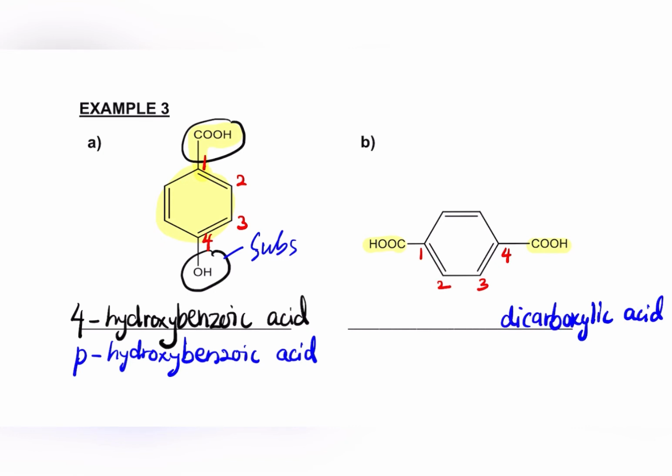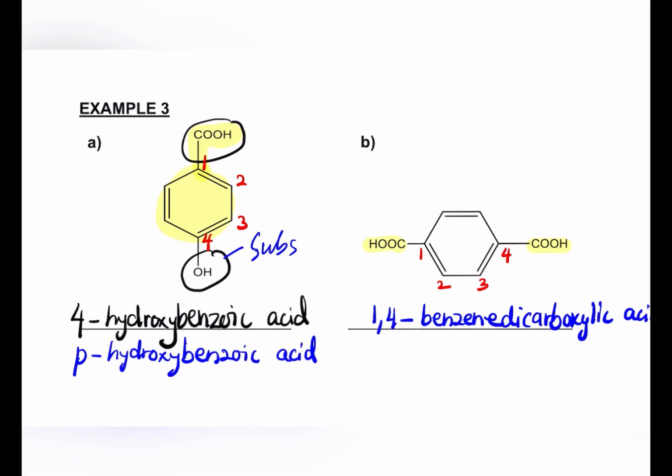And what's next? In this case, dicarboxylic acid will be my parent, and my substituent is the benzene, which is in the middle of carbon number 1 and number 4. The naming will be 1,4-benzene dicarboxylic acid. So this is the naming for B.